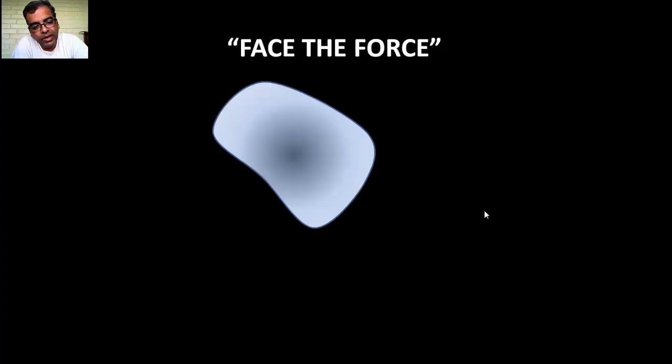Very good. The thing to remember when you are doing notations for this is what is there on the screen, which is face the force. What it means is that our stress notation will have two subscripts, not one subscript. The first subscript represents which face we are talking about, and the second subscript represents which force we are talking about. For example, here is a body.